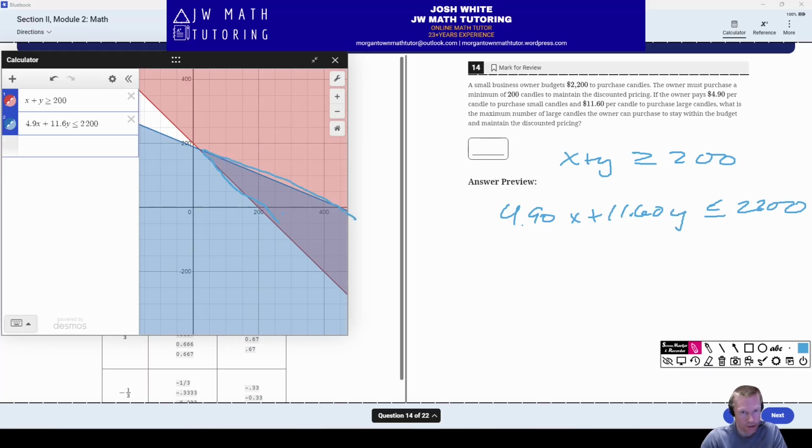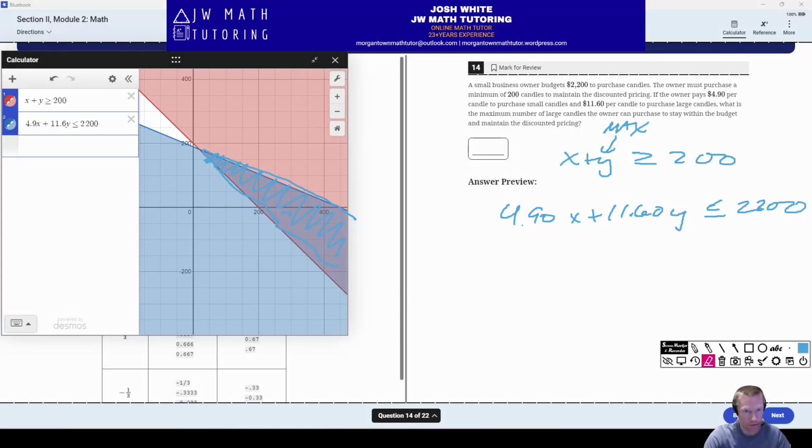These are all the solutions that satisfy both of the inequalities. What we're looking for is the maximum number of large candles, i.e. the maximum Y value, which is in this solution set.